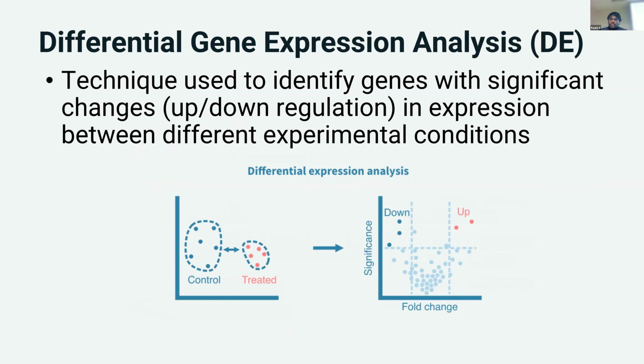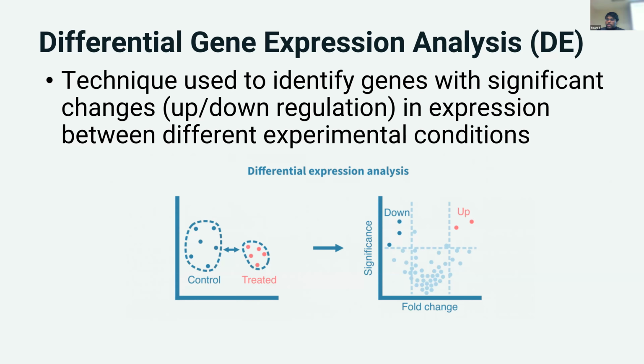So what is DE analysis, or differential gene expression analysis? It's a technique that's used to identify genes with significant changes, meaning have they been up or down regulated. So changes in expression between different experimental conditions. For example, you want to look at which genes are regulated up or down in disease versus healthy samples or stimulated versus control samples.